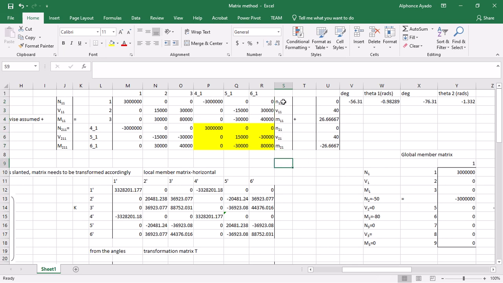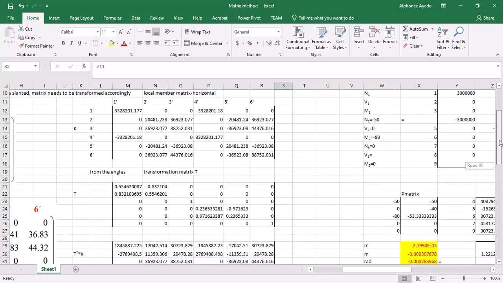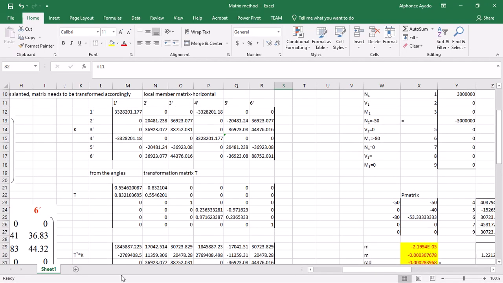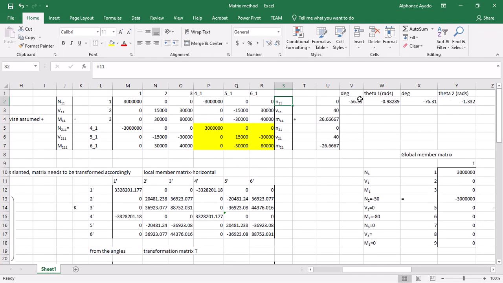And then the fixed end moments, you put them appropriately, as you can see, and of course the displacement and the transformation matrix. We assumed clockwise refers also to angles.